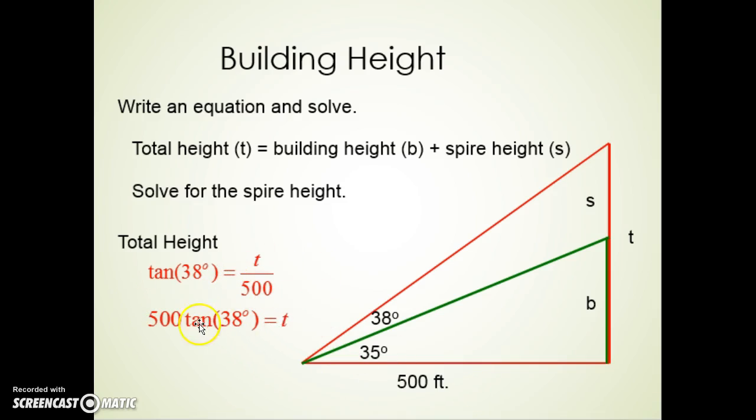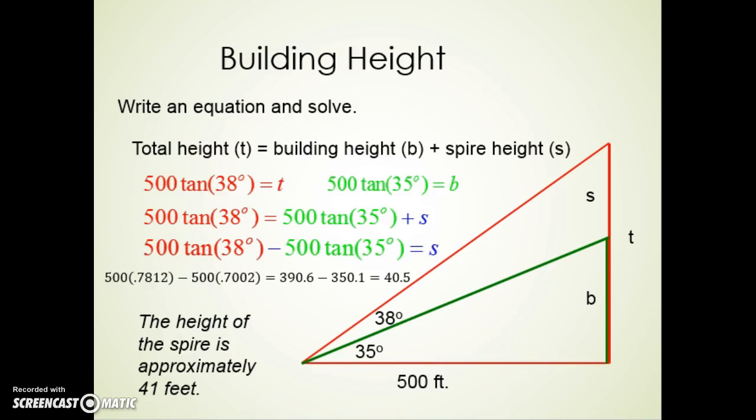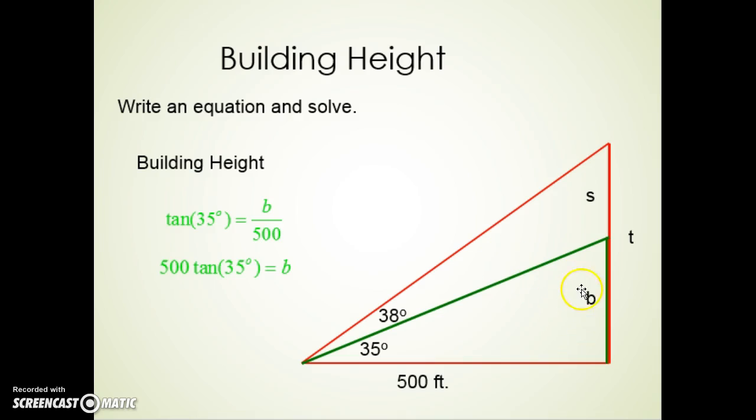So now we have this solved for T. Now let's set up an equation for B. This angle measure is 35 degrees. So the tangent of 35 degrees must equal opposite over adjacent, B over 500. So now we have a value for B.